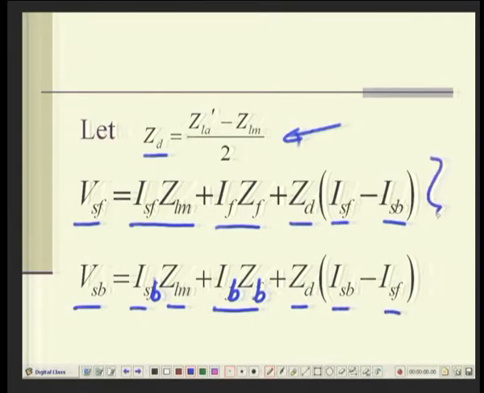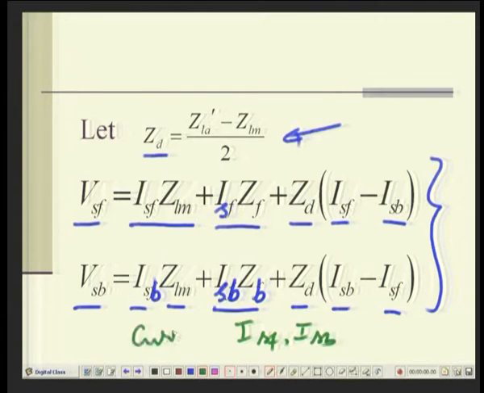Please look at these two equations purely from a circuit point of view. There are two currents, ISF and ISB, and two voltages, VSF and VSB.